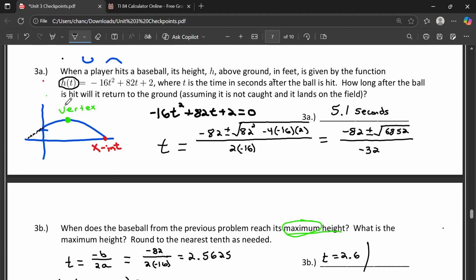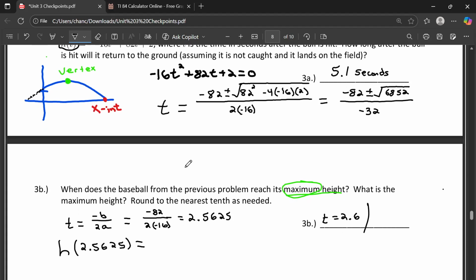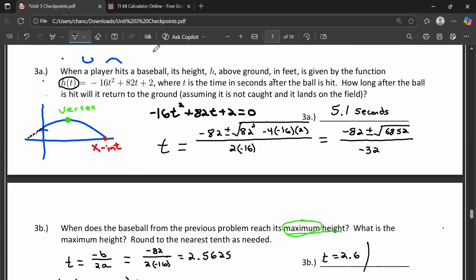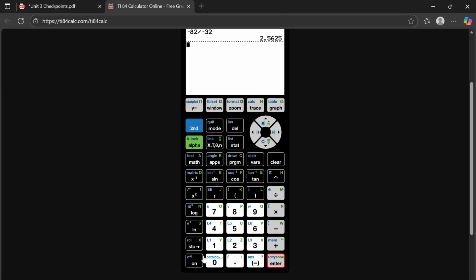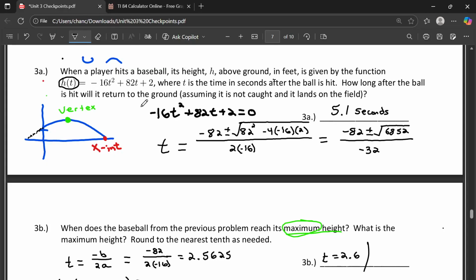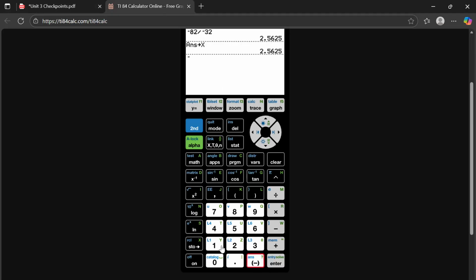So negative 16t squared plus 82t plus 2. Let's just type that in the calculator. Let's store this answer into x. And then we're going to go negative 16x squared, and then plus 82x, and then plus 2.